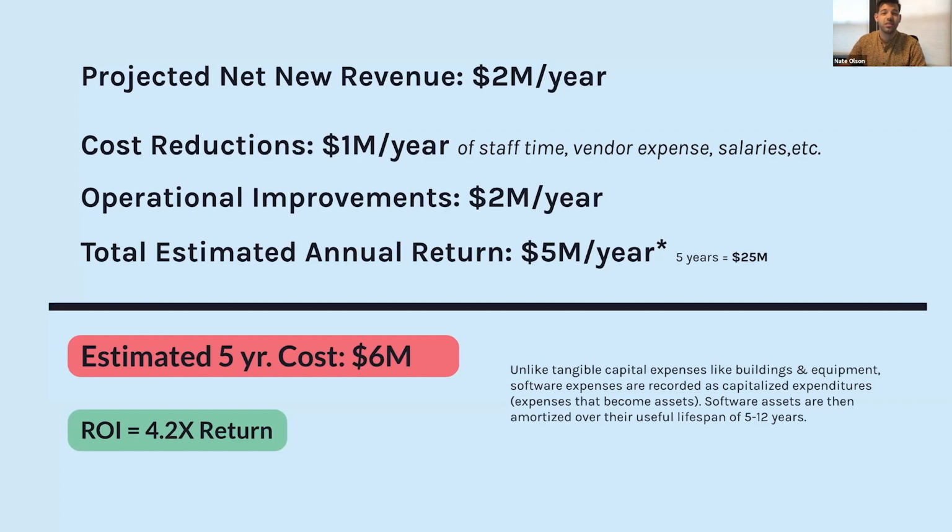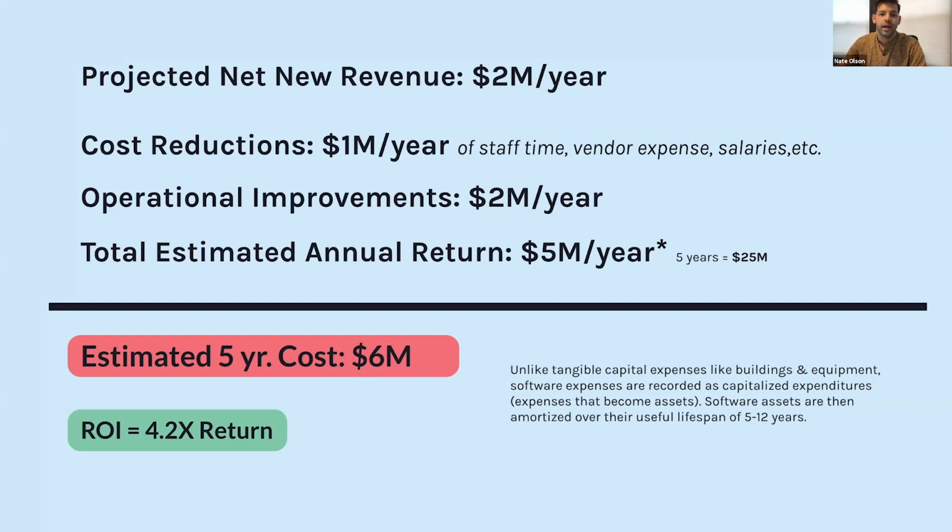Then cost reductions, about $1 million a year. We're paying this huge licensing fee to these other companies. We're going to get rid of that and build our own. We're going to have a really great software solution that we're home growing as opposed to buying from one of these large companies. So we'll be able to eliminate $1 million in cost.